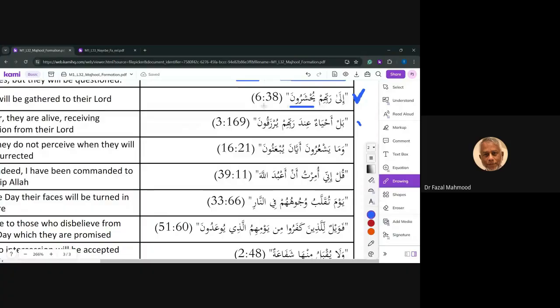If it was not hidden, there would have been something after, for example, yuhsharu al-insanu, people will be gathered. So the hidden naib fa'il is hum, plural. The naib fa'il is not before the majhul verb. Don't forget this, otherwise you will mix up the meaning.